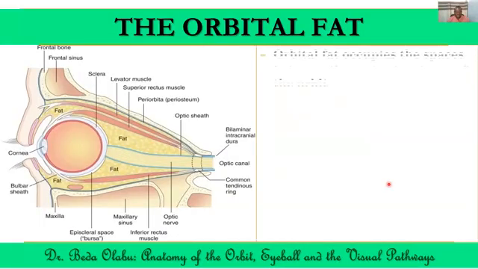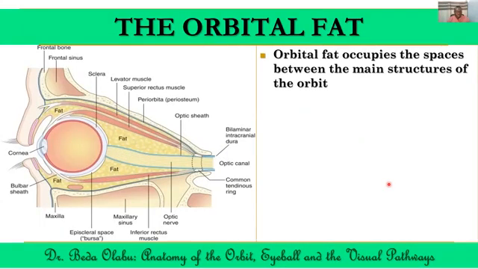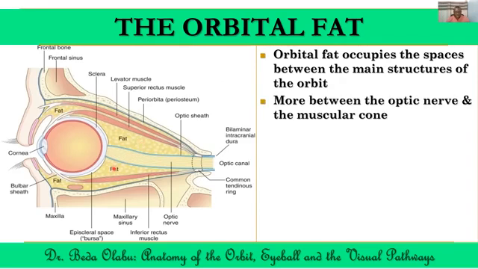Now we can talk about the orbital fat. Orbital fat occupies the spaces between the main structures of the orbit. There is some that is outside the cone of the musculature and some within the cone of the musculature. They are in most compartments. Most of the fat is around the optic nerve, which means within the cone of the musculature.